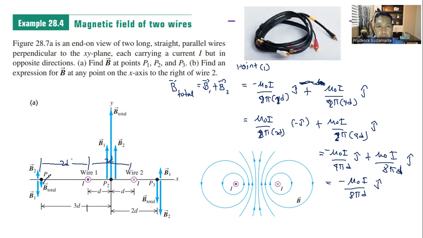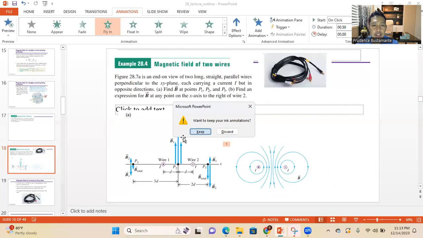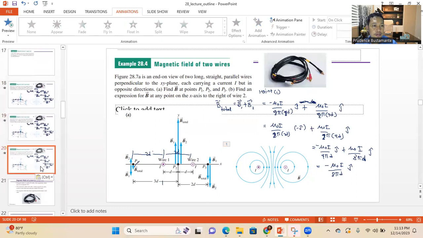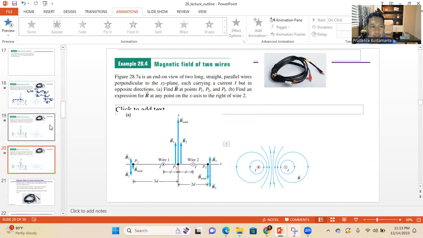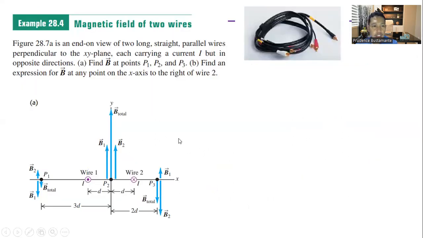So at point 2, let's copy this one and try to answer point 2. At point 2, we have from wire 1 distance D and from wire 2 distance D. So at point 2, the B total is very big because it's near.